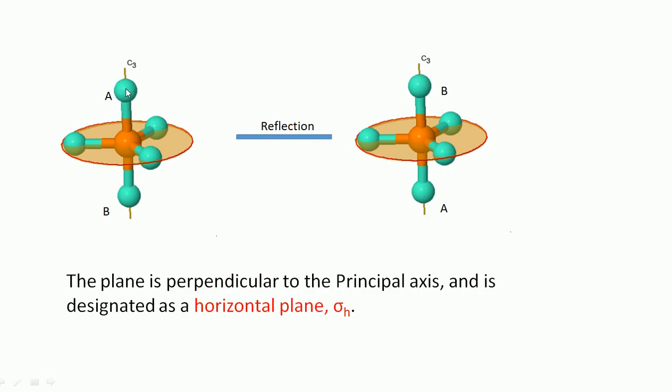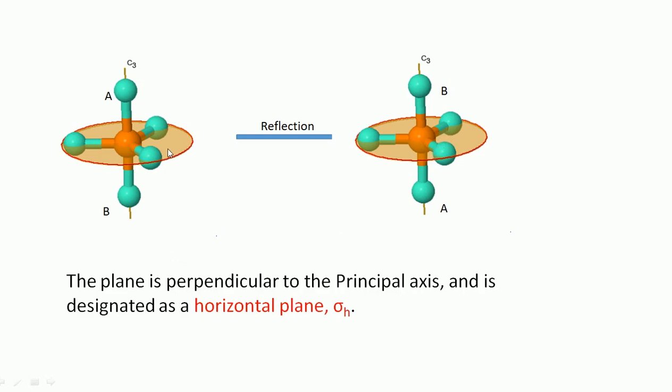The chlorine atom represented by the letter A will come to the position of the chlorine atom at B, and you get this image. These two are indistinguishable, and you can say that this is a plane of symmetry.